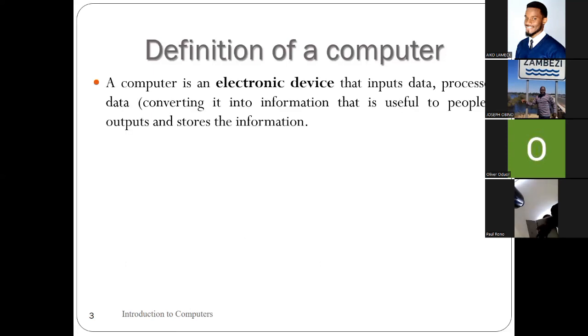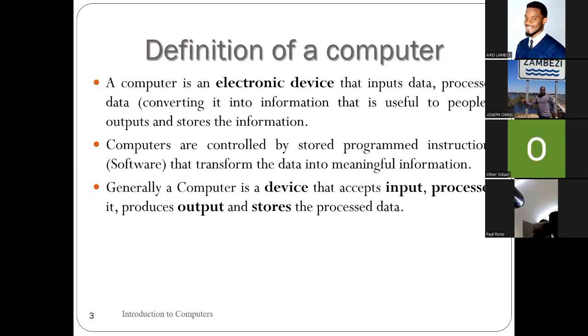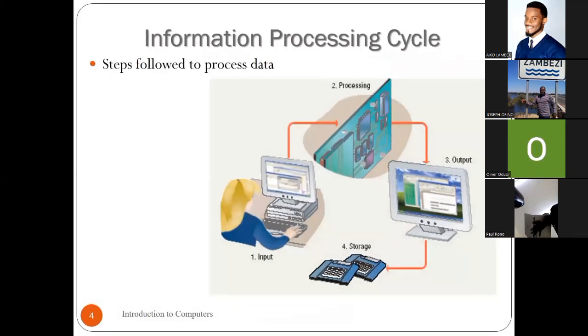So we have programs in the computer which perform this operation of converting data to information. We'll look at it in a few. So generally, a computer is a device that accepts input, processes it, and produces an output, then stores the processed data.